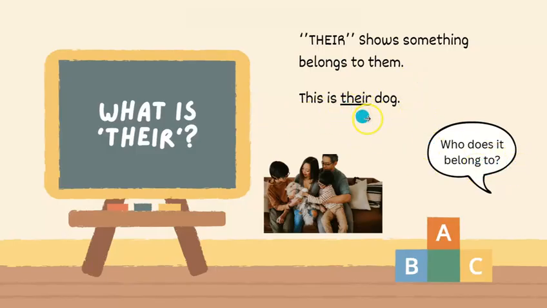So you use this particular one, this THEIR, to determine if the sentence you're about to construct is going towards something belonging to someone. Then you know you have to use this one. If the sentence you're about to construct is going towards a location, like my pen is there, you know that is the other one you are supposed to use.